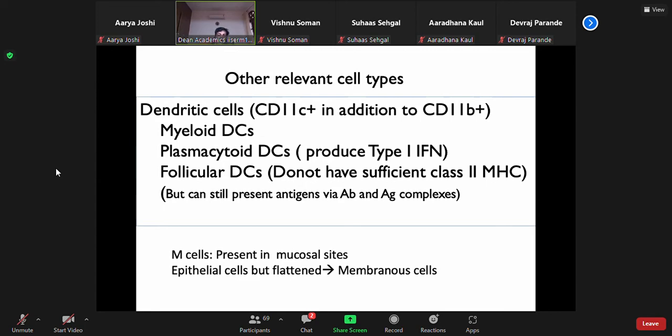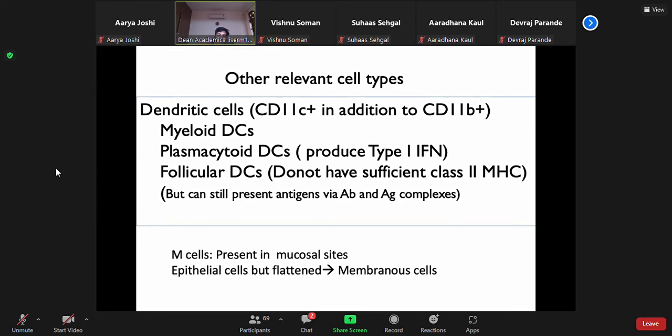You also find follicular dendritic cells in your secondary lymphoid organs. Although they do not express a lot of MHC class 2 on the surface, nonetheless they can present these antigens and can activate your T cells.